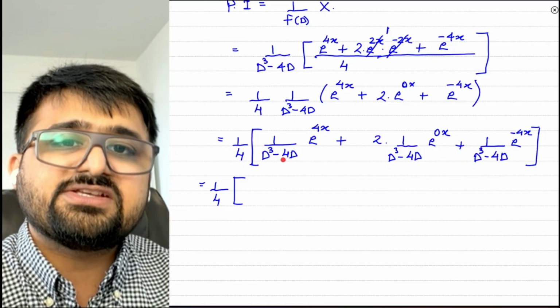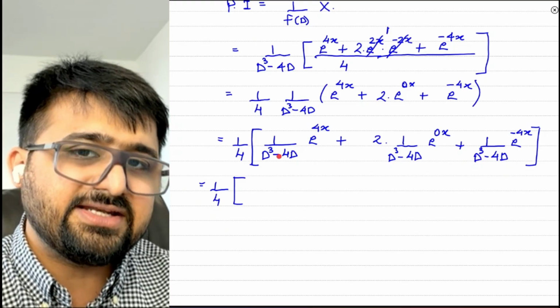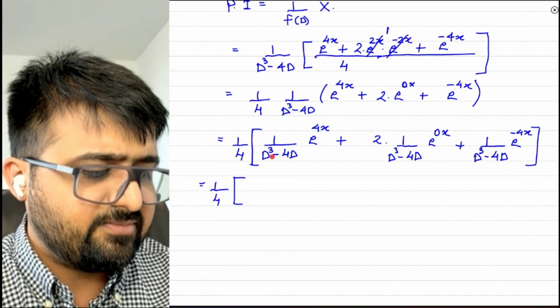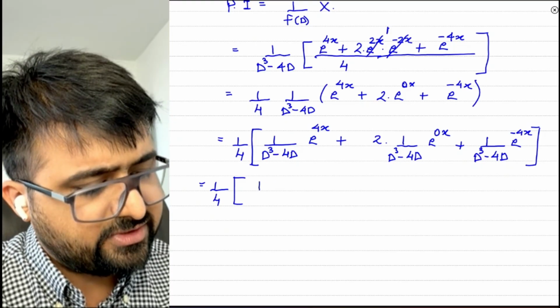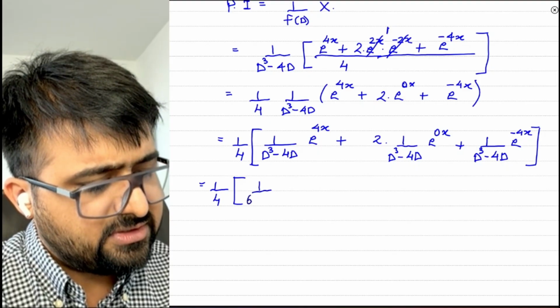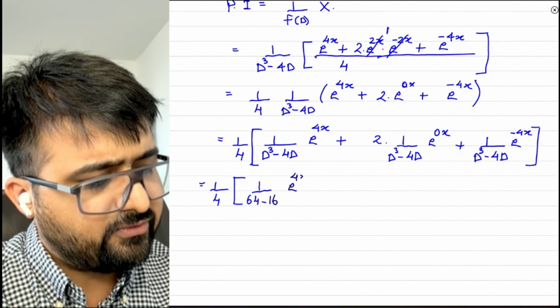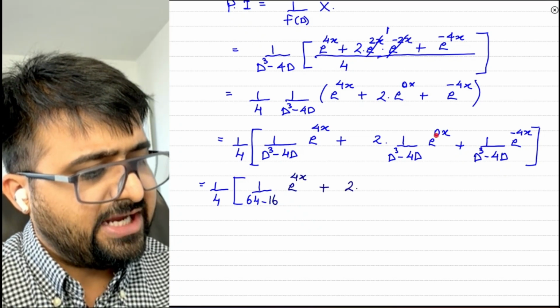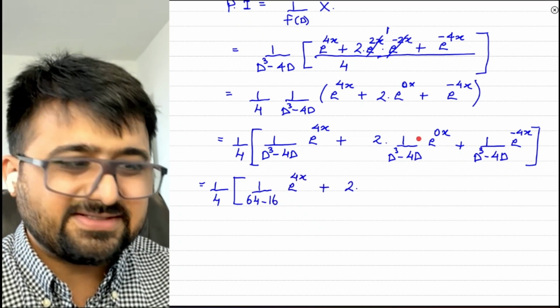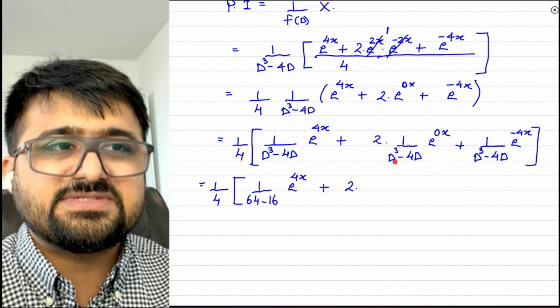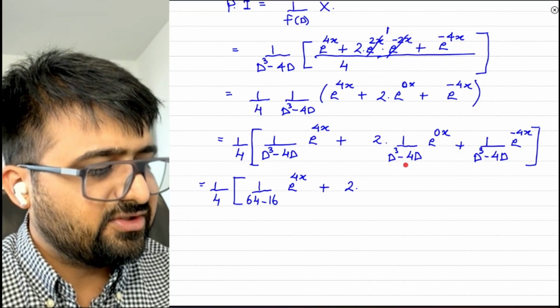If this would have become 0, I would have taken the derivative like we discussed in the concepts. But since it is not becoming 0, we can just substitute it. So this will become 1 upon 64 minus 16 e to the power 4x plus 2, and we can substitute 0 here. Now notice if you substitute 0 here, this is going to become 0. Since it is becoming 0, you'll have to take the derivative.